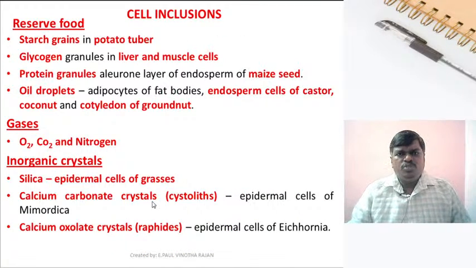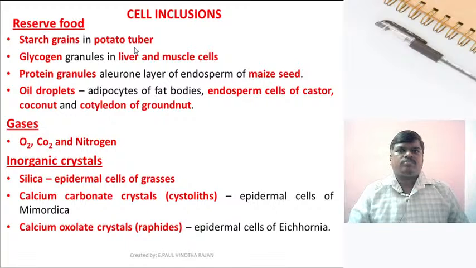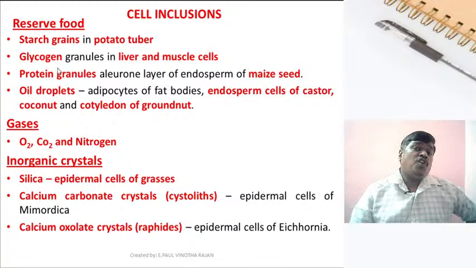The cell inclusions: the cell has reserve food. For example, the starch grains in the potato tuber. The potato is called a tuber, and it stores food material. Similarly, the glycogen granules in liver and muscle cells, because glycogen is a complex form of glucose in animals.